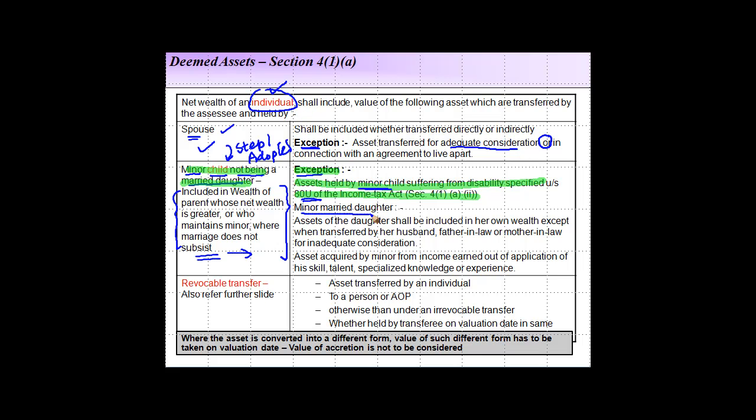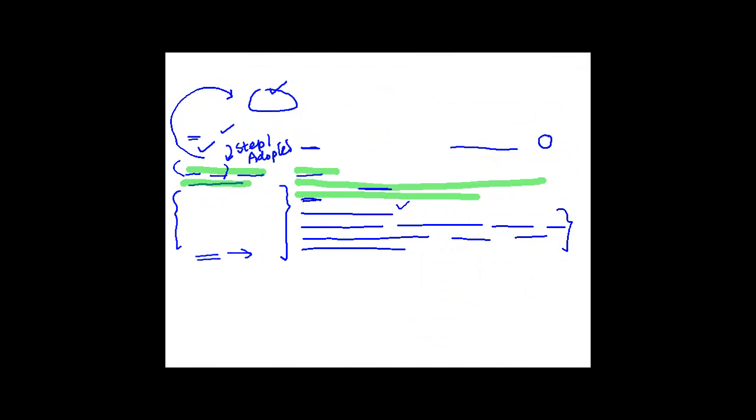Second is, what happens to a minor married daughter? We said that if you transfer an asset to a minor child, it will be included in the hands of the individual. But if the individual transfers these assets to a minor child who is actually a married daughter, assets of the daughter shall be included in her own wealth except when transferred by her husband, father-in-law, mother-in-law for inadequate consideration. So let's say there is a minor married daughter.